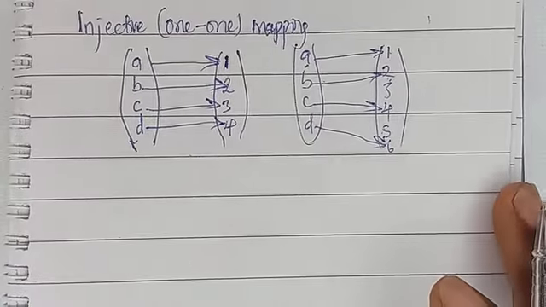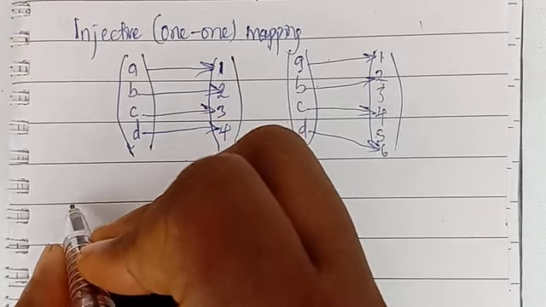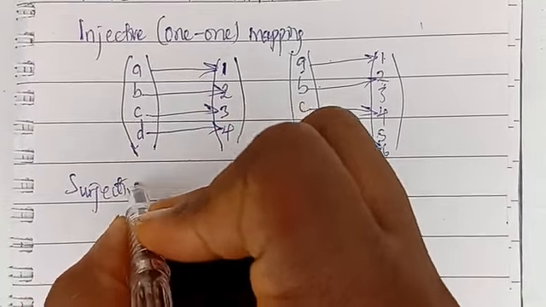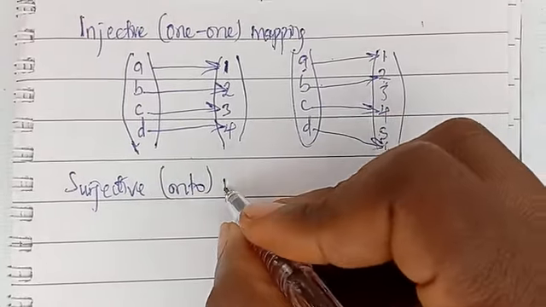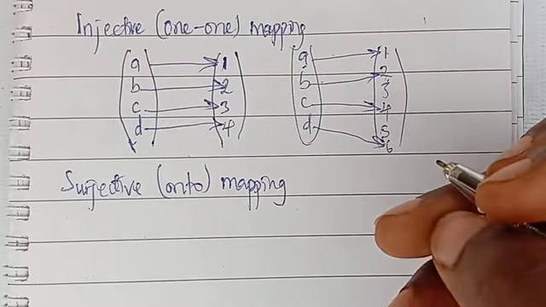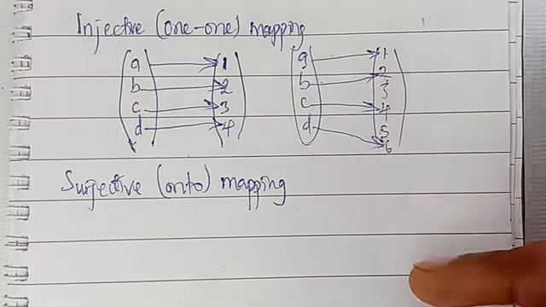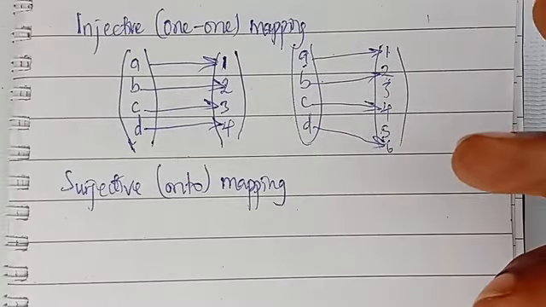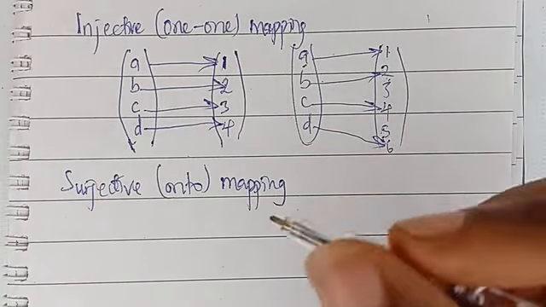Now let's get to the second type of mapping. We have the surjective, or called onto, mapping. Since a function is also a mapping that has its codomain made up of numbers, even if you're asked for the types of function, it also applies there.